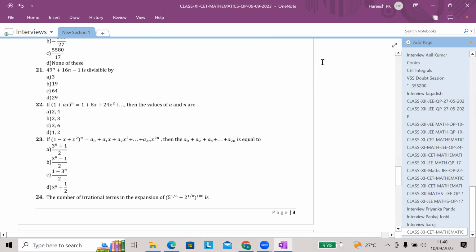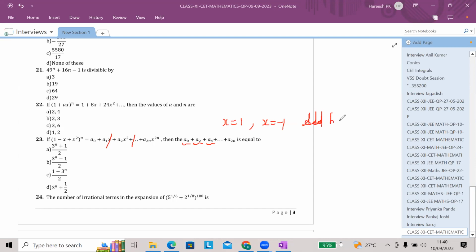Whenever they ask a0 plus a2 plus a4 etc., we want all the odd powers to get cancelled. That means we will have to put x equal to 1, put x equal to -1, and then add both of them. When you put x equal to 1, you'll get 1 power n.